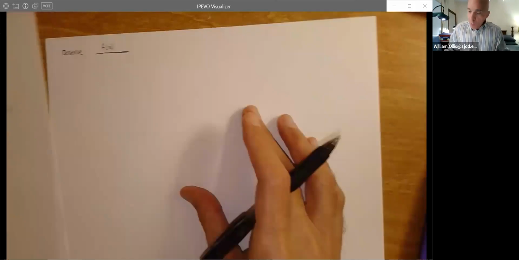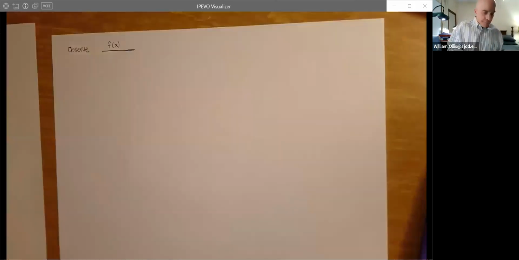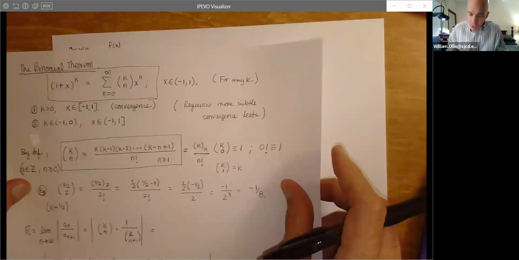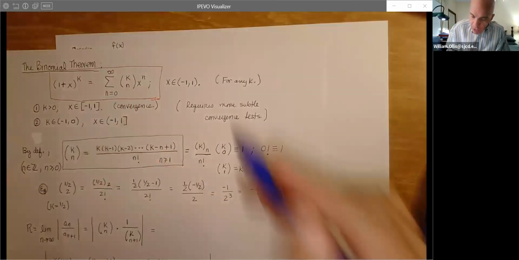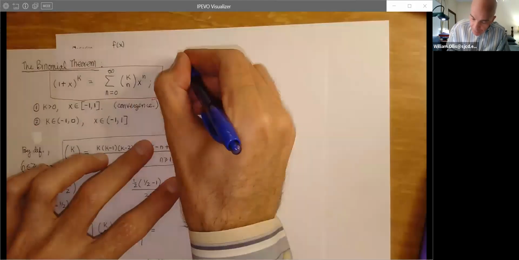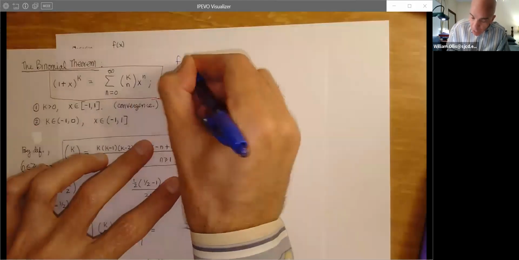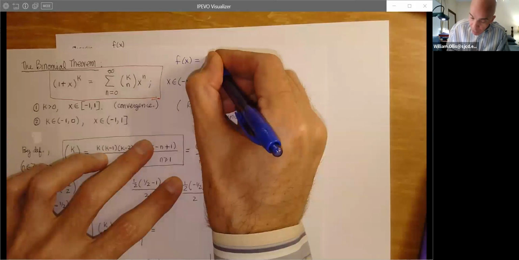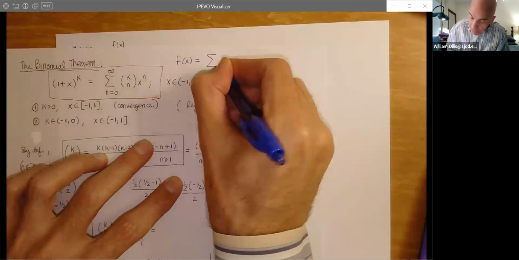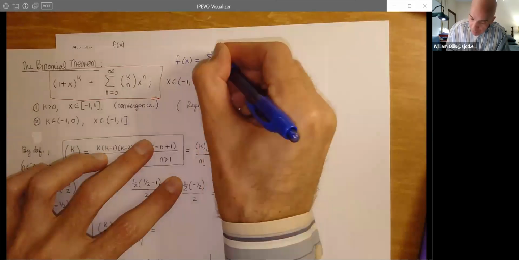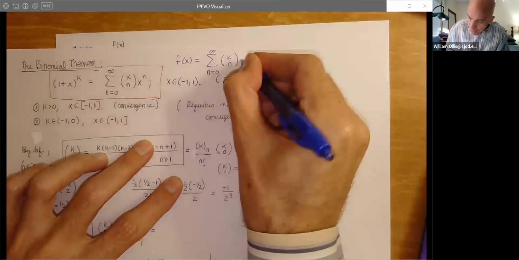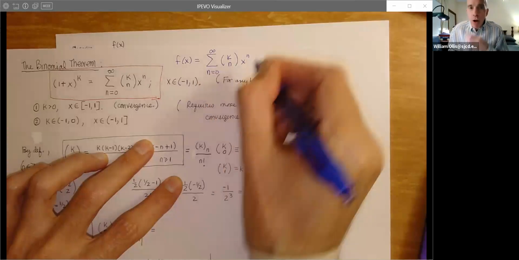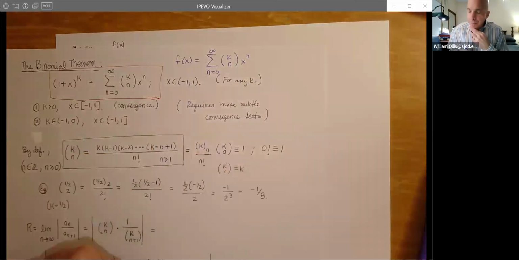Let me state this formally. In your notes, this is what we're calling f of x. So you have this. I just don't want to write it on the paper. I need all the room I can get. That's what we're calling f of x, ladies and gentlemen.